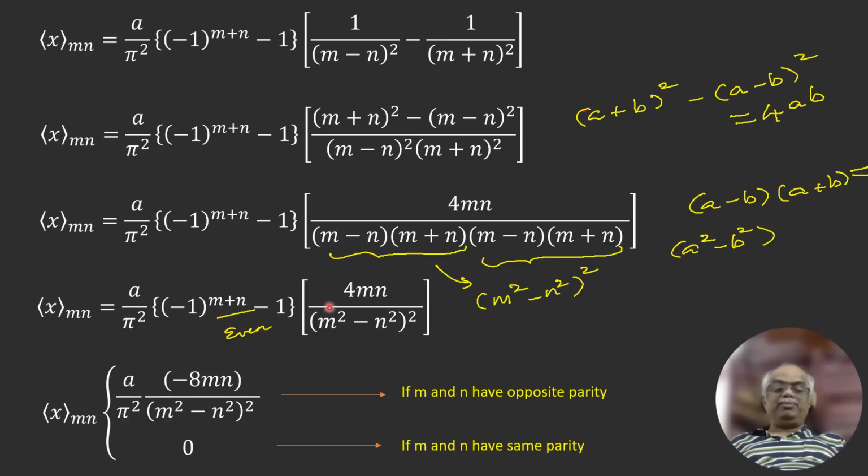So this will become minus 8mn divided by m squared minus n squared whole squared. Of course, you have a divided by pi square. This is if m and n have opposite parity. Opposite parity means that one will be odd parity, another one is even parity. Now we will see the complete result.